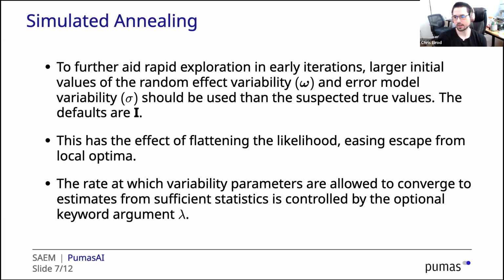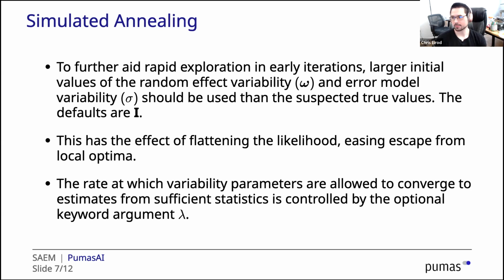Having very large omegas and very large sigmas is important because the flattening of the likelihood is necessary for the parameter to actually be able to jump around rapidly across the distribution. Right, this is so that it can find the area of the hopefully global maxima and converge there. So the reason for emphasizing this is that if you do not specify these parameters in your inits, they do default to 1.